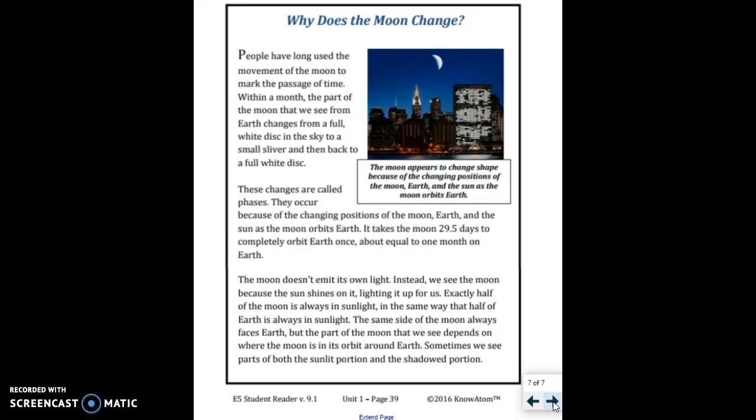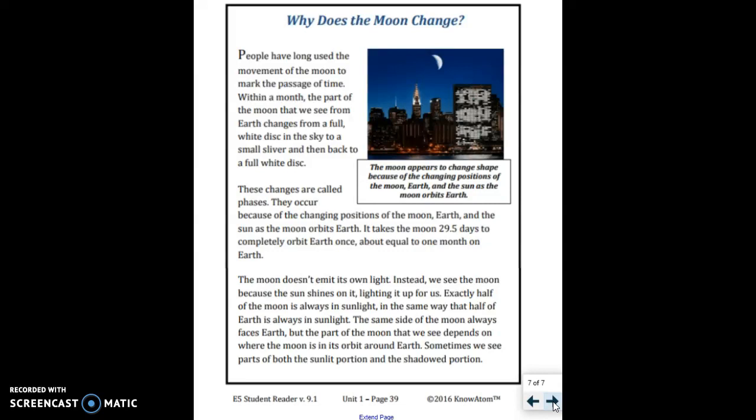Why does the moon change? People have long used the movement of the moon to mark the passage of time. Within a month, the part of the moon that we see from Earth changes from a full white disk in the sky to a small sliver, and then back to a full white disk.